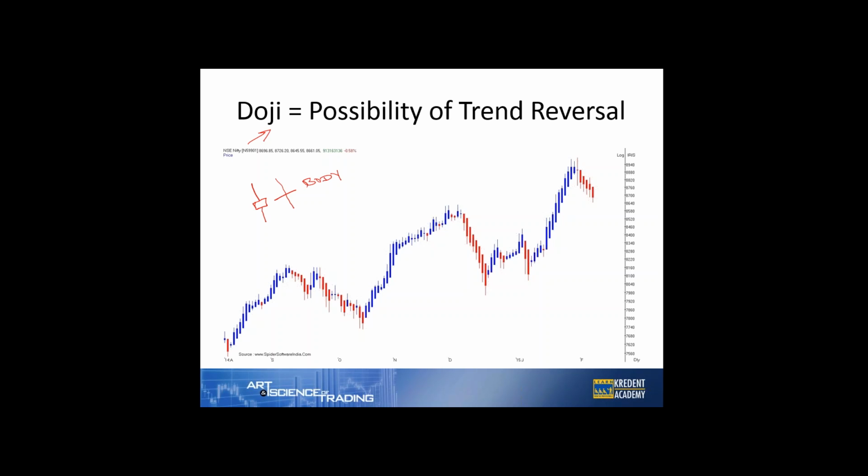So you'll notice that every time a trend reverses from up to down or down to up, there will be a high possibility of dojis shaping up. There will be a high possibility of dojis taking shape before a trend reverses, right at the top or before. N number of times you will find such examples.